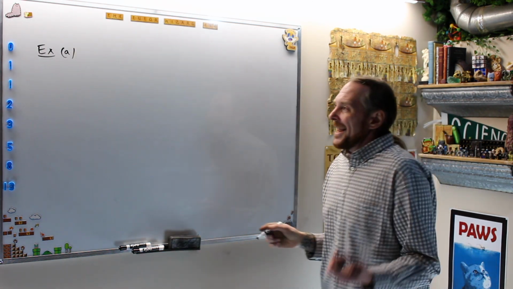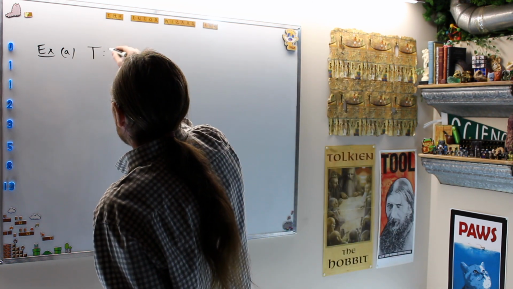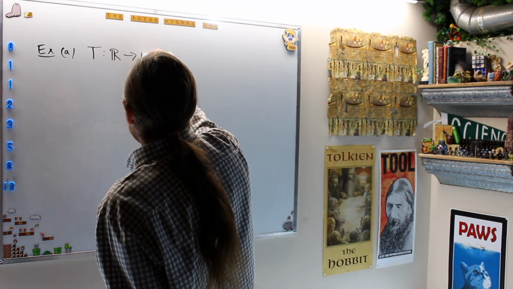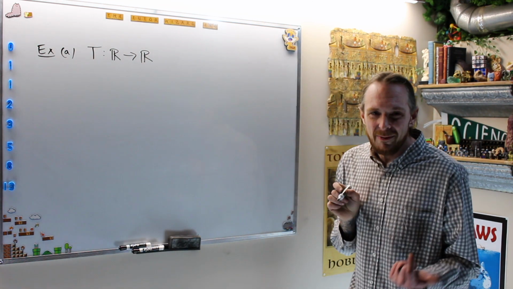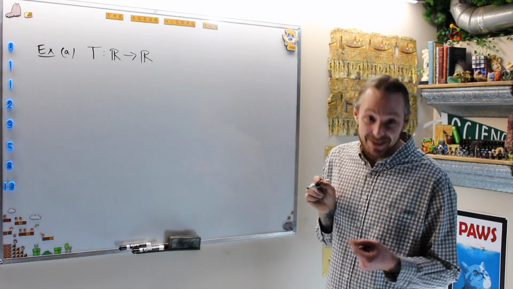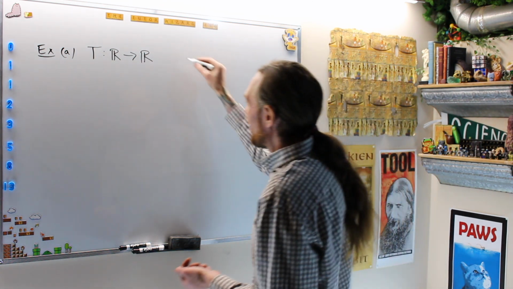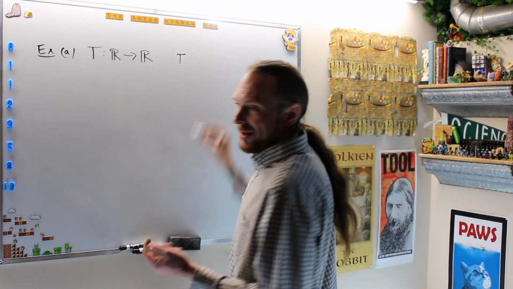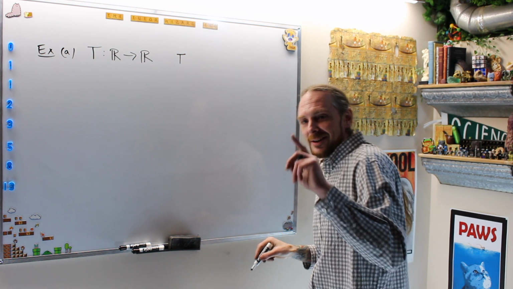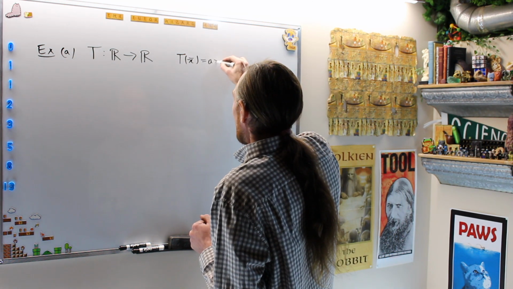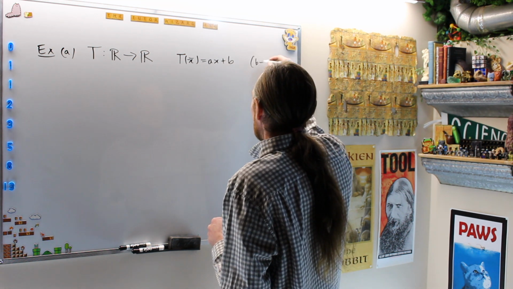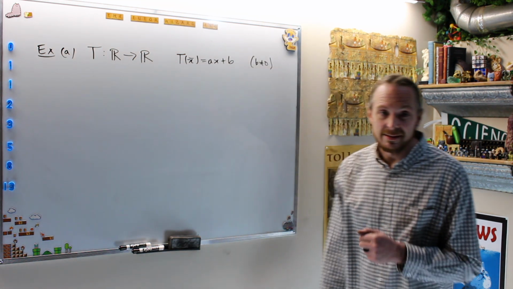So in our examples, let's do a linear operator from R1 to R1. This is regular calculus, essentially, functions, but you'll see, a linear function is not a linear operator. Let's call T of x equals ax plus b, where b is not 0.